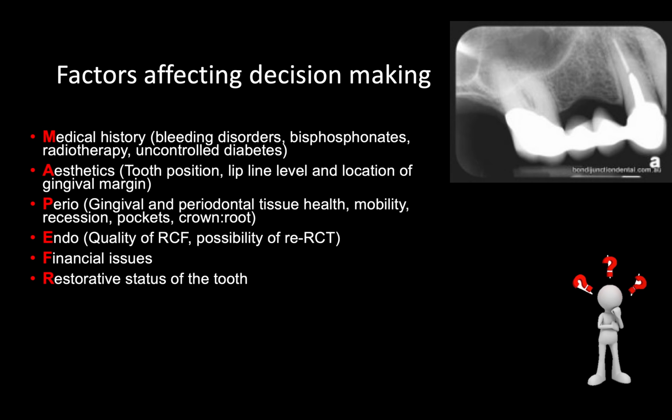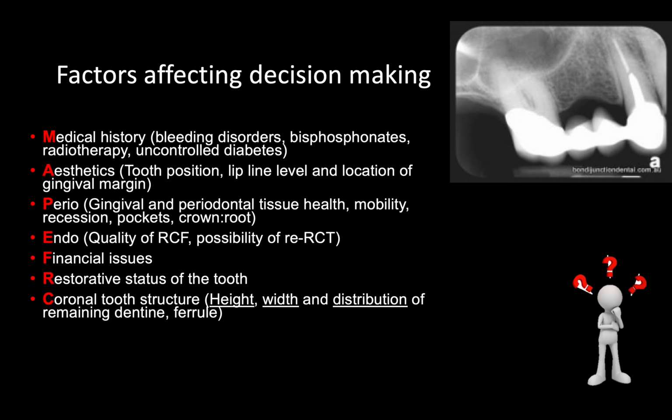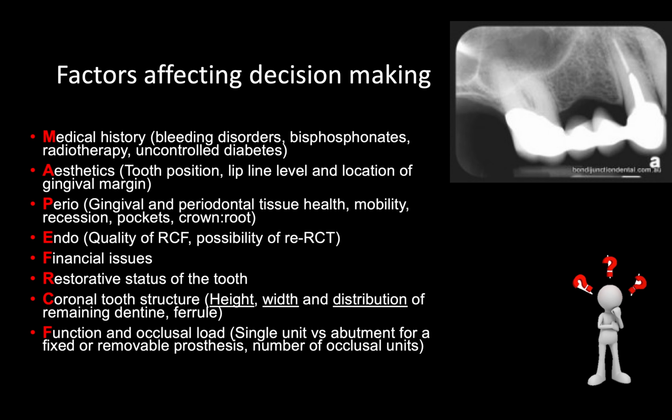Also, we should look at the restorative status of the tooth. Is this tooth going to be an abutment for a single crown, or is it going to support a fixed bridge, or is it an abutment for a removable bridge? We should look at the functional and occlusal loads that are expected to be put on this tooth.